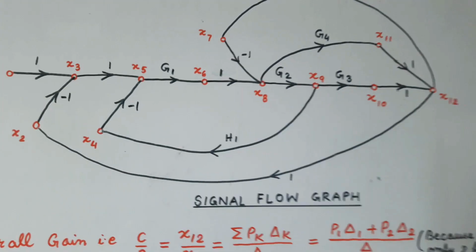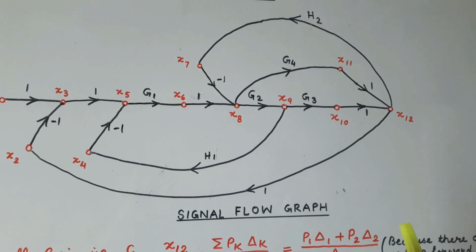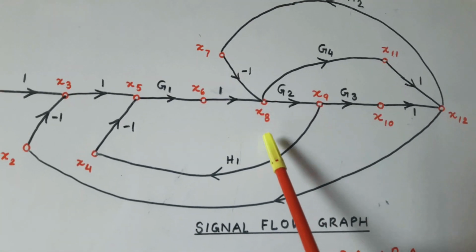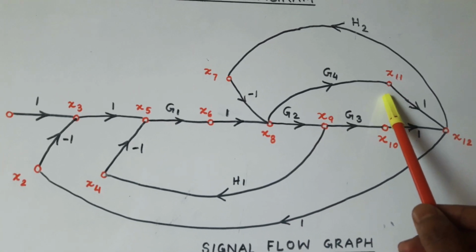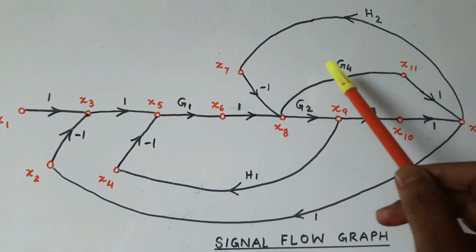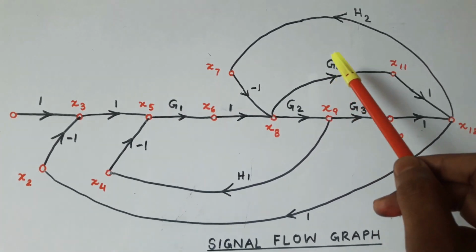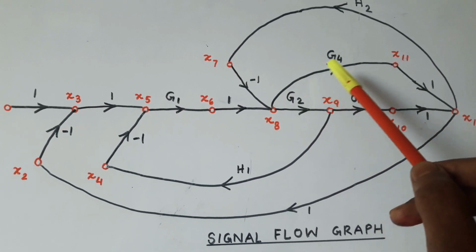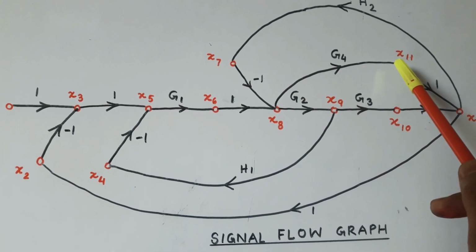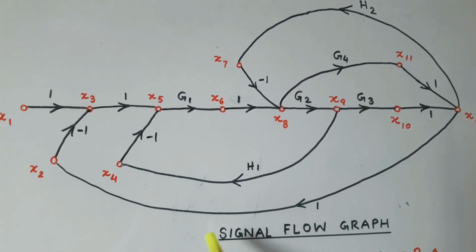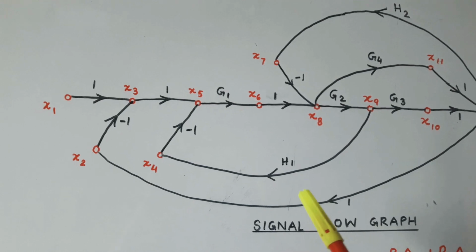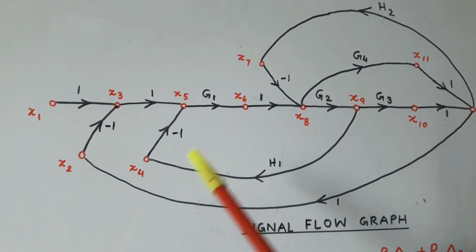So we will draw an arrow-headed line segment from x8 to x11 and we will connect a gain G1 in this line. Similarly, we can draw all the gains by arrow-headed line segments.